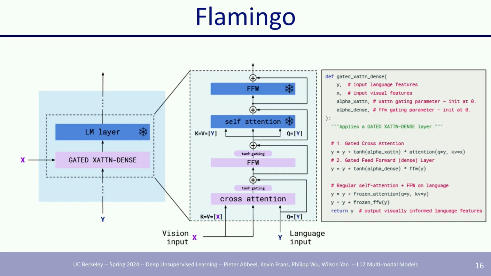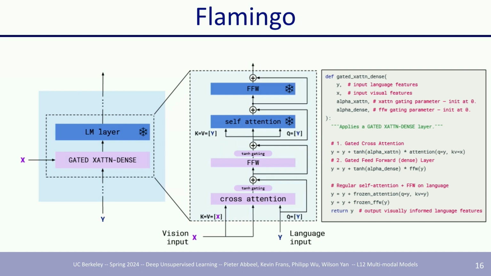The one different thing, why they call it gated as well, is because they add tanh gating in front of each of the attention and feed forward, where the main purpose is that at initialization, the gate will be 0. So when you just start training, the model will behave identically to the original language model it was initialized from.